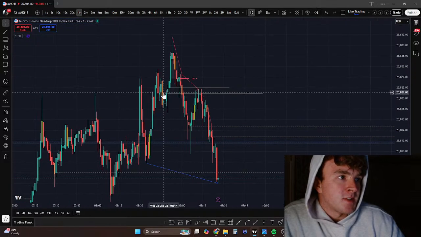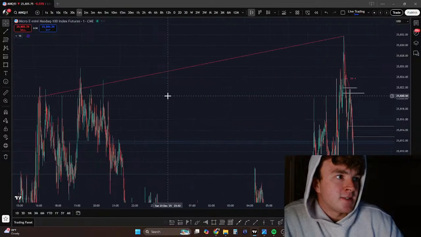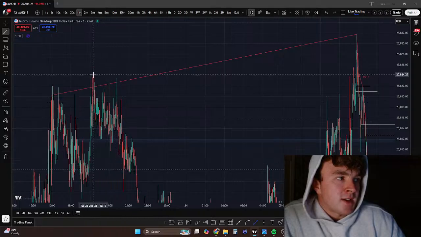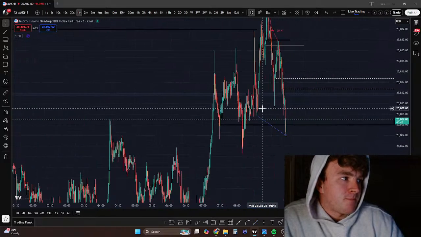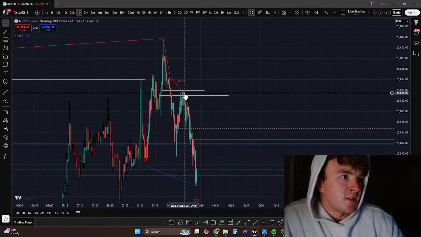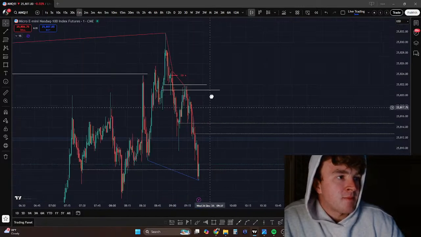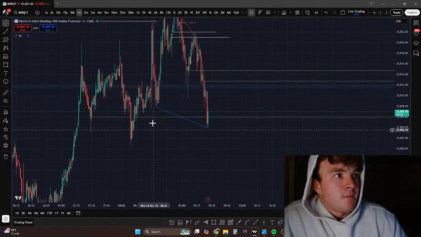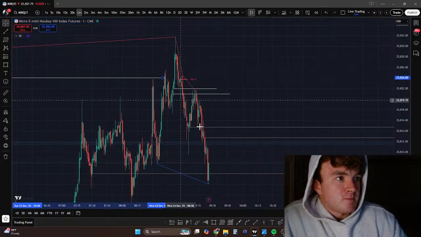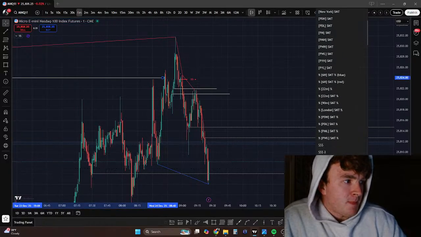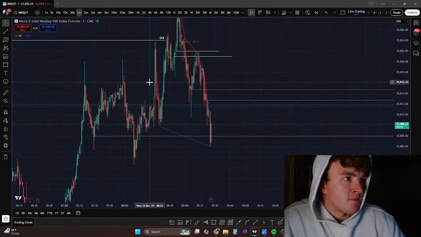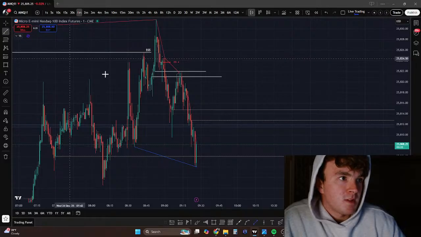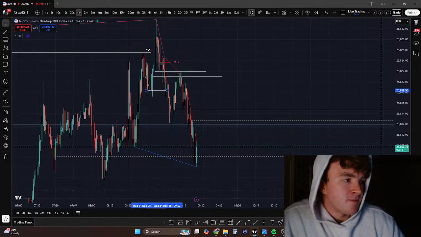But you can clearly see the sweep of the highs, the break of the low, and then the gap in price there. So I'm just prepared for anything at this point. You guys see how this is a 2022 model, right?